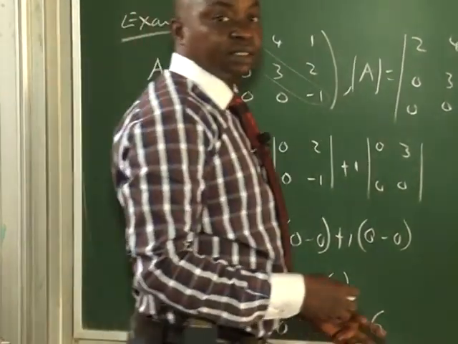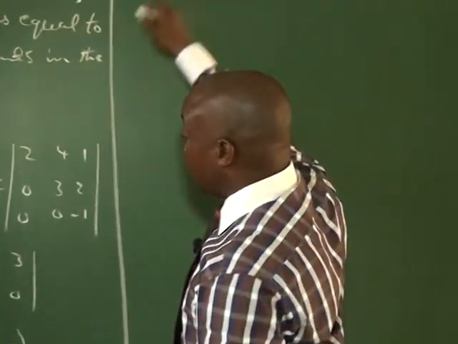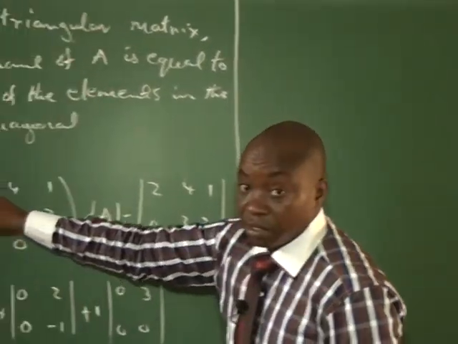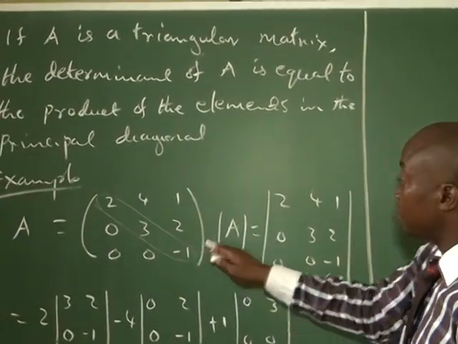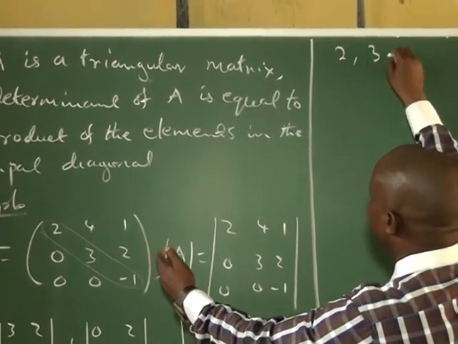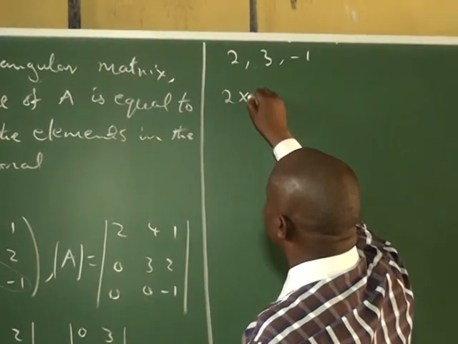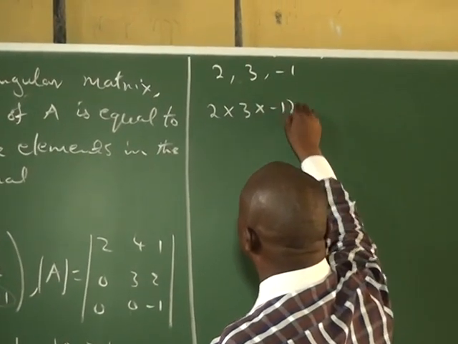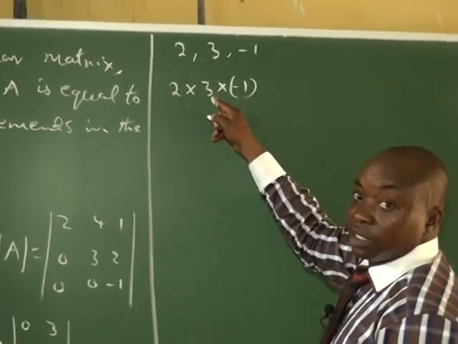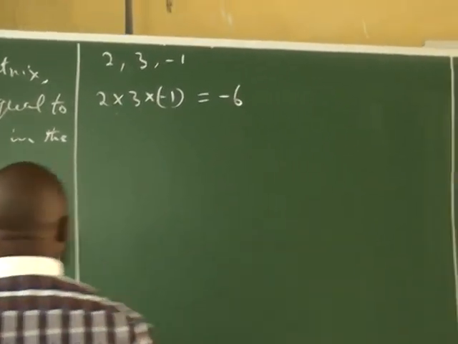And we are saying that in the same way, if you multiply the elements in the principal diagonal, which are 2, 3, and minus 1, we have 2 times 3 times minus 1. 2 times 3 is 6, and 6 times minus 1 gives us minus 6. So that is how it is.